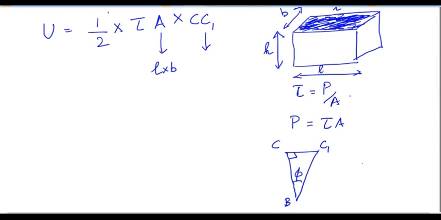In this triangle, tan phi is equal to opposite by adjacent.